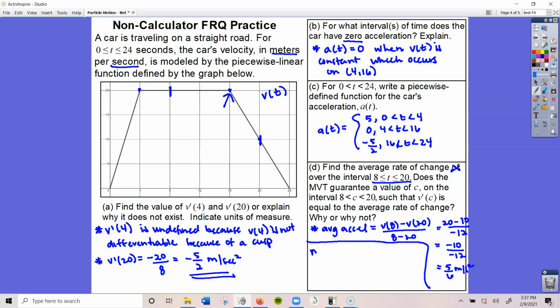So we would say MVT does not guarantee a value of C such that V prime of C is equal to V of 8 minus V of 20 over 8 minus 20, because V of t is not differentiable at t is equal to 16.